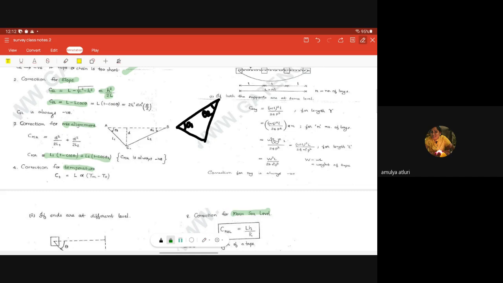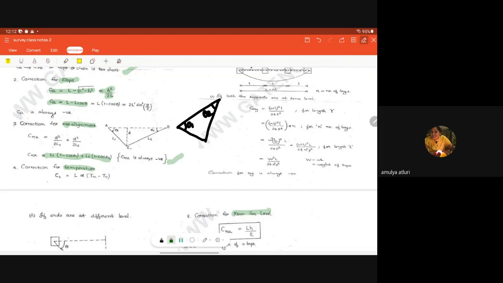CMA, you need to remember, is always negative. Correction for misalignment is always negative. That is a cumulative error. Sorry, compensate negative error. Correction for misalignment is always negative. You need to remember it.